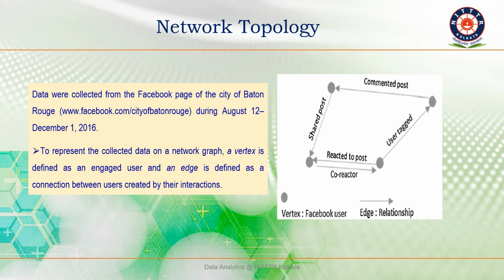In order to represent the collected data, a network graph was used where a vertex is defined as an engaged user and an edge is defined as the connection between users created by their interactions. So the vertex basically indicates Facebook users and the edge indicates the relationships, and you can see it is a directed graph because information flows from one entity to another entity.